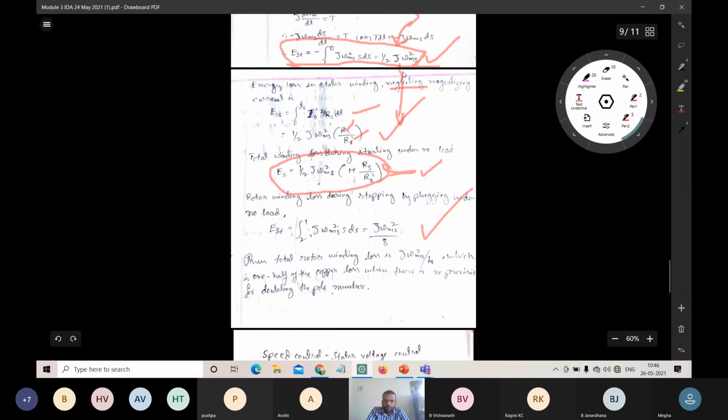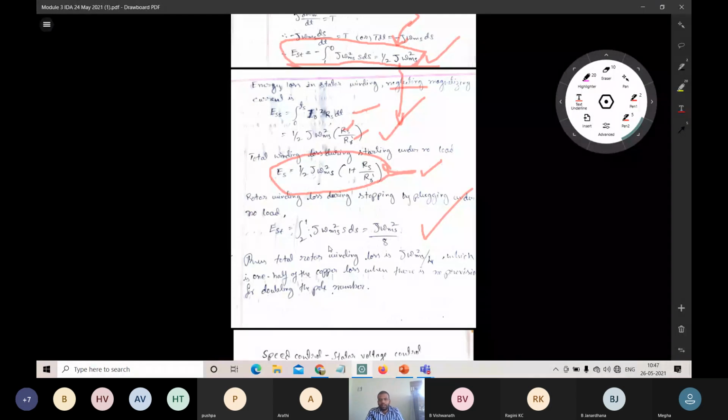So the total rotor winding loss is J omega ms square by 4, which is 1/2 of the copper losses when there is no provision for doubling of the pole number.